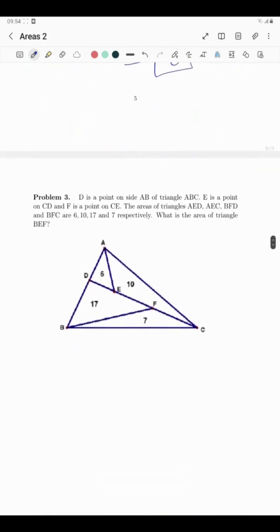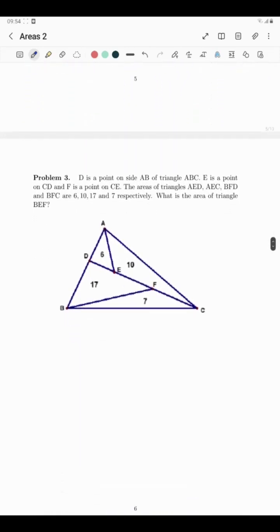Let's move on to problem 3. Problem 3 is a tricky little problem. First, let's read the problem. In this interesting diagram, D is a point on side AB of triangle ABC. E is a point on CD. And F is a point on CE. The areas of triangles AED, AEC, BFE and BFC are 6, 10, 17, 7 respectively.